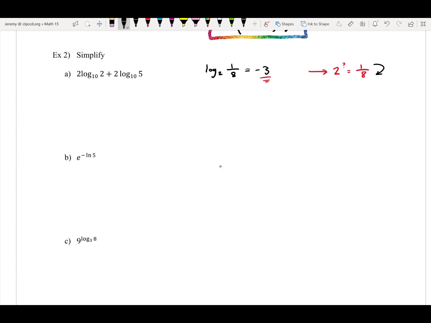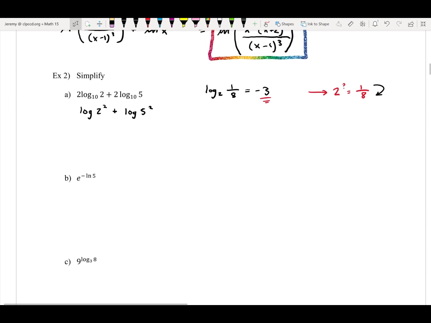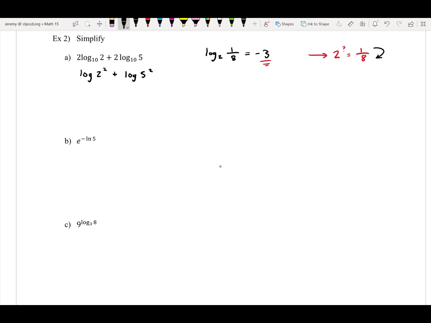So let's try and work on this a little bit. Let's simplify it, maybe rewrite it as a single logarithm, see if it gets any better. So I might start by doing log base 10 of 2 squared, right? Bringing up that 2 as a power of 2. Same thing over here, log base 10 of 5 squared. By the way, if you don't write a base, it's assumed to be 10, just as shorthand. Okay, and then we have log of 4 plus log of 25. And then since I have a plus sign in the middle, I could multiply those together.